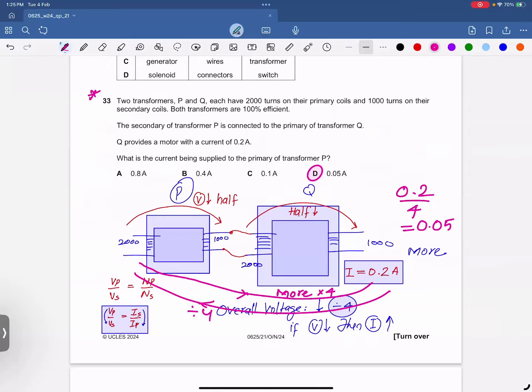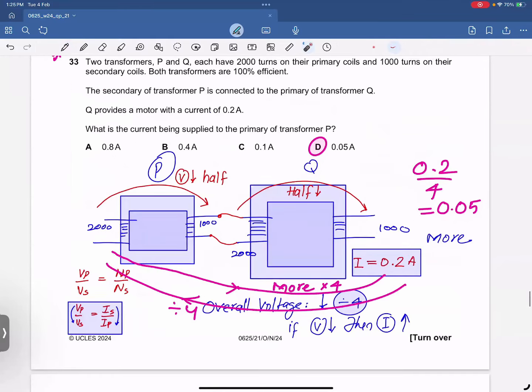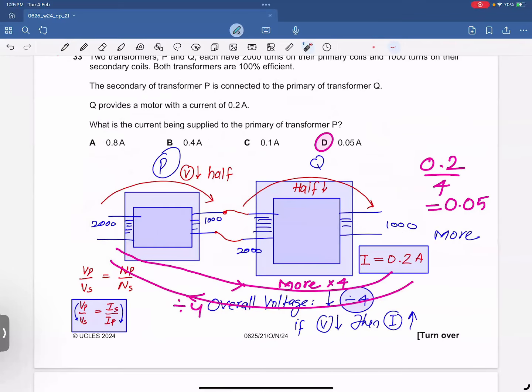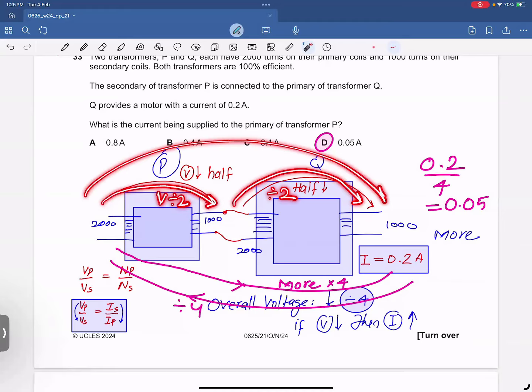If you understood, that's great. Again, please watch everybody, just like a summary. From the first transformer, primary to secondary, the voltage is divided by 2. Again, from here to here, voltage is again divided by 2. So the overall voltage is divided by 4.